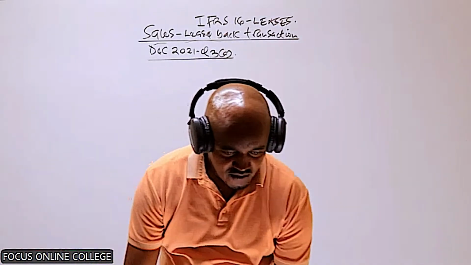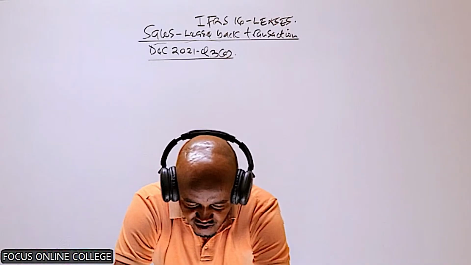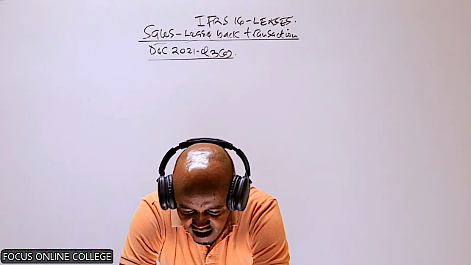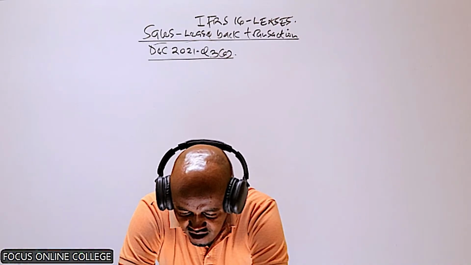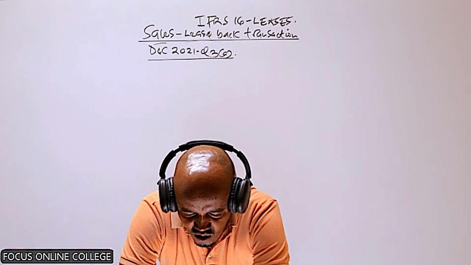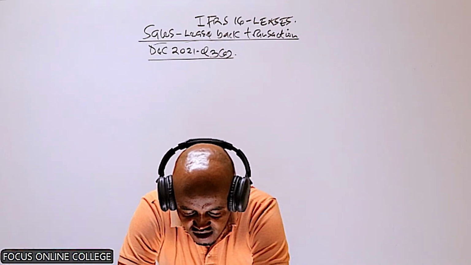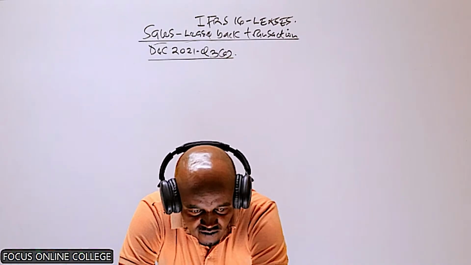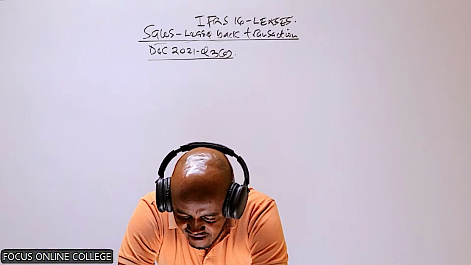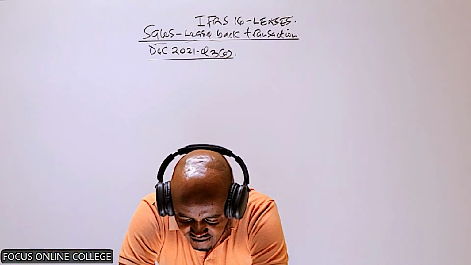Okay. So what are we told here? We are told HN Limited sold a building at its fair value of shillings 112 million to a finance company on 31st of October 2020, when its carrying amount was shillings 78.4 million. The building was leased back from the finance company for a 5-year period.